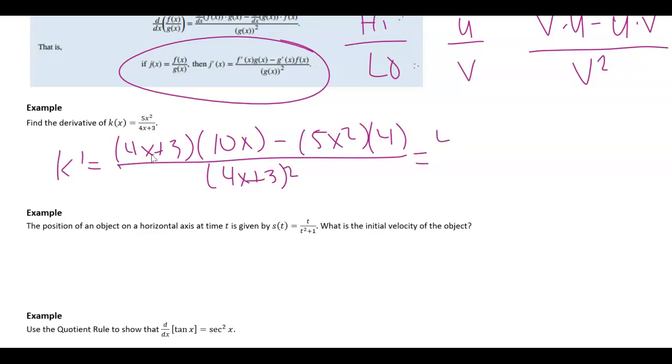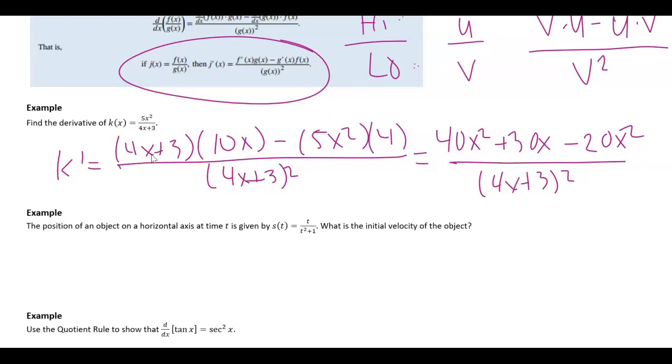So I'm going to end up having 40x squared plus 30x minus 20x squared all over 4x plus 3 squared. And so I'm going to have 20x squared plus 30x all over 4x plus 3 squared.